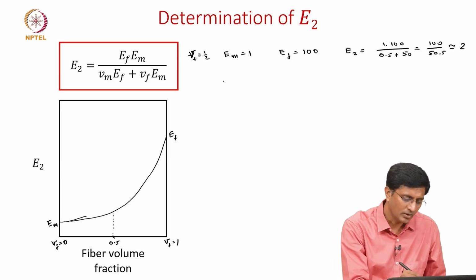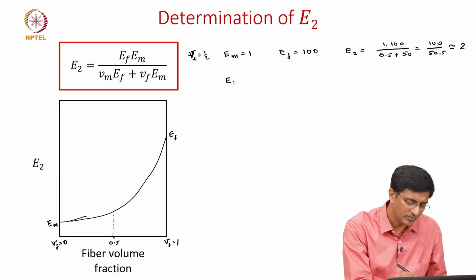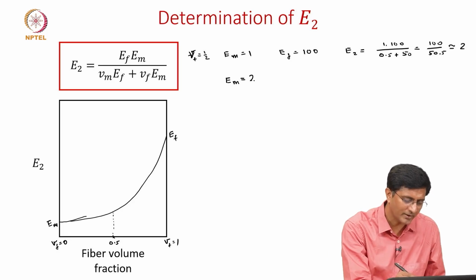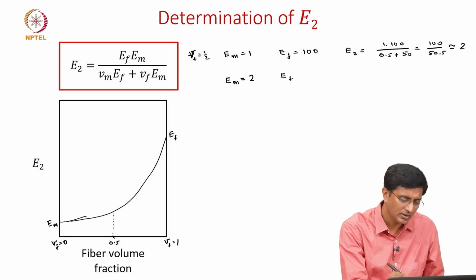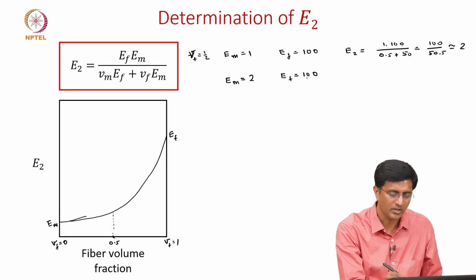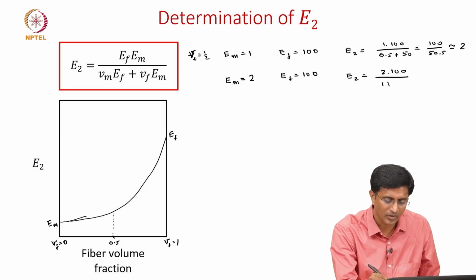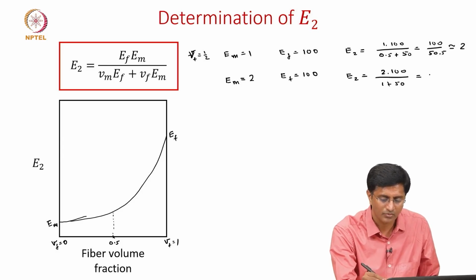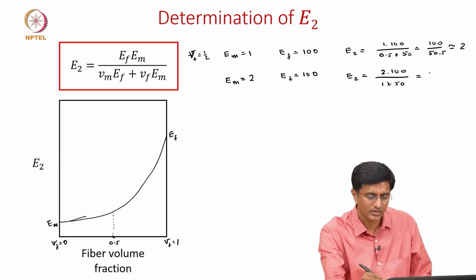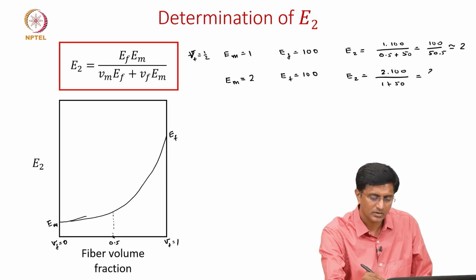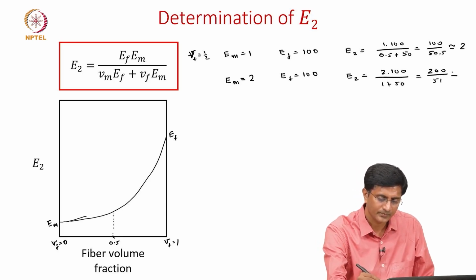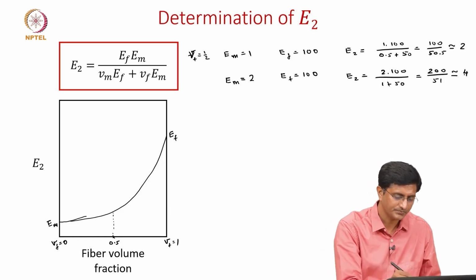Now let's do this example where we double the matrix properties and keep the fiber properties the same, 100. Then E2 can be written as 2 times 100 by 1 plus 50, which is 200 by 51. So it is close to 4, I would say.